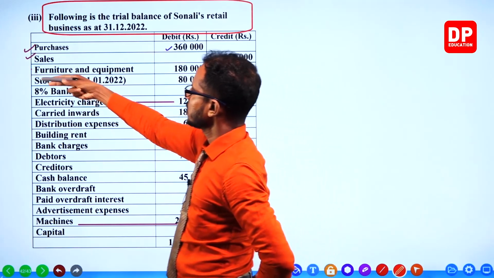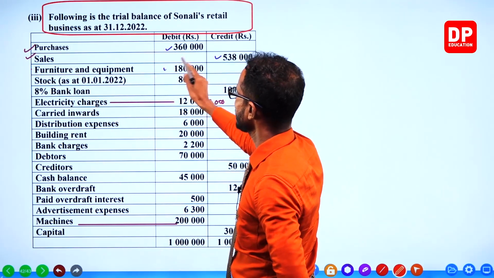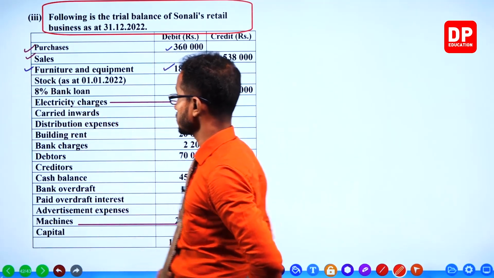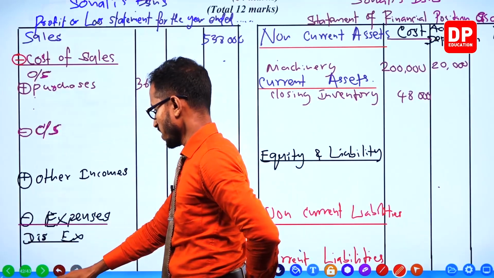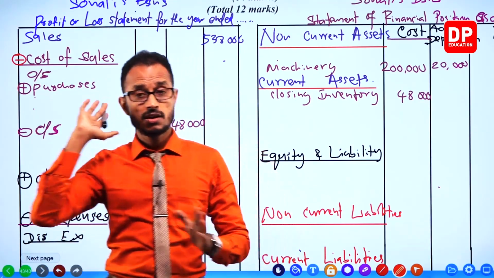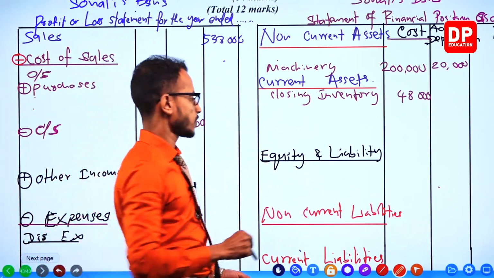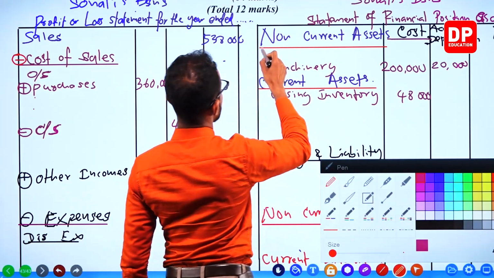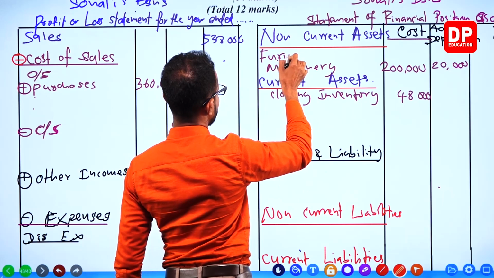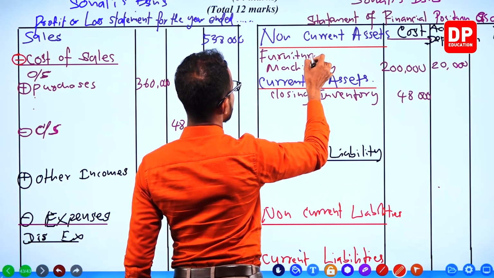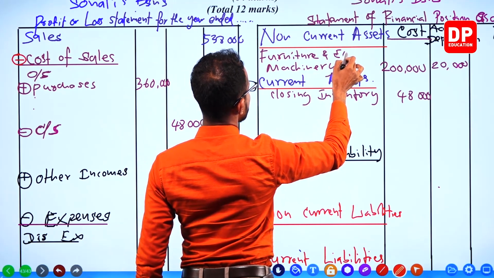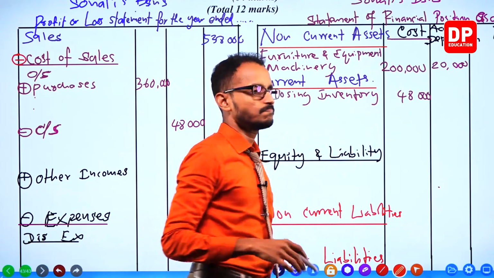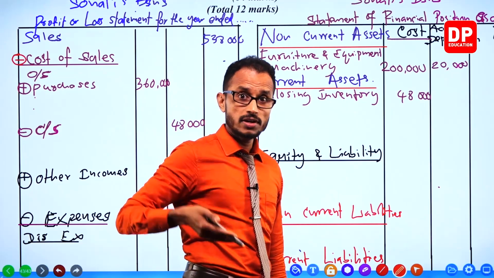Next we have furniture and equipment. That's a non-current asset. Furniture and equipment, of course, non-current. You know where assets go. Assets go to this side. So that's why I left some space here. You know that there is something called liquidity order.